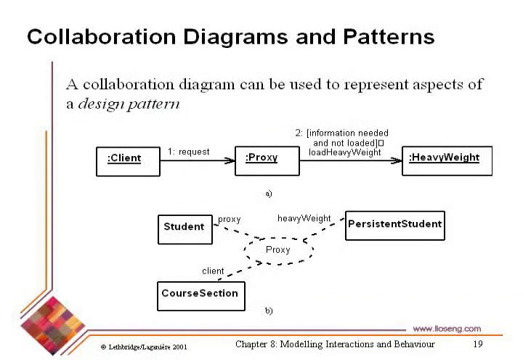If the information is needed but not loaded, then load heavyweight. So I'm showing the interaction involved when I make a request to a proxy where we have to actually load the full image into memory. There's a funny little squiggly box on the version I'm showing here that I think only shows up on some platforms. That's not supposed to be there.